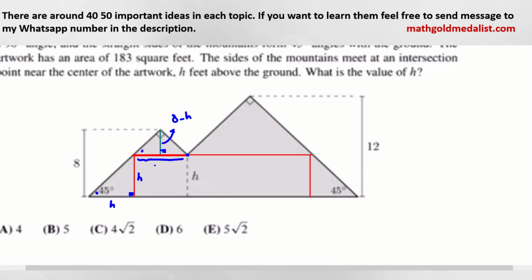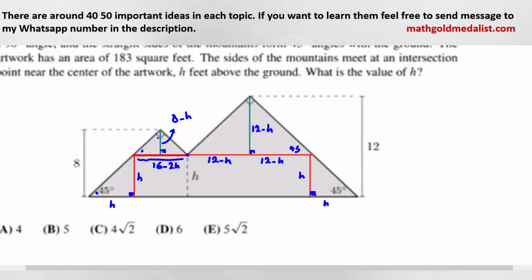So we can say this part is 16 minus 2h. This is h, this is h, this is h again. If we draw this one, because we know it is 45, and this one is 12, this one is h, so this one is 12 minus h. So this part is 12 minus h, this part 12 minus h. So the sum is 24 minus 2h.